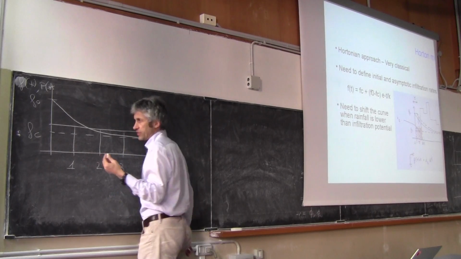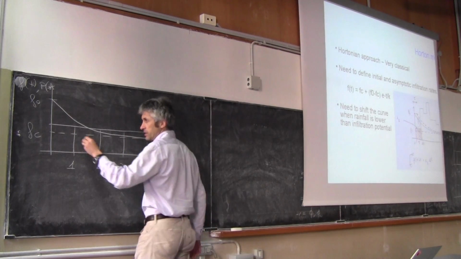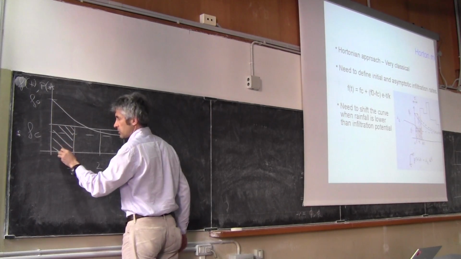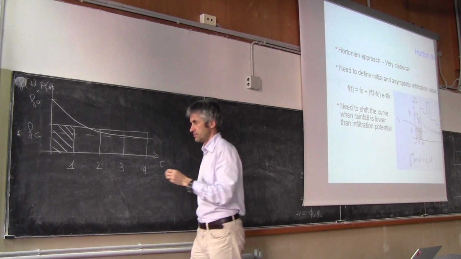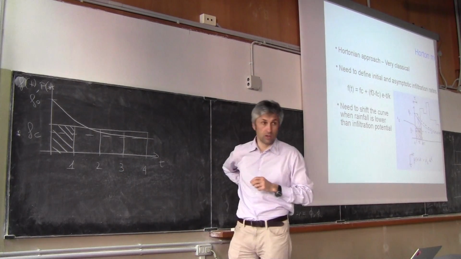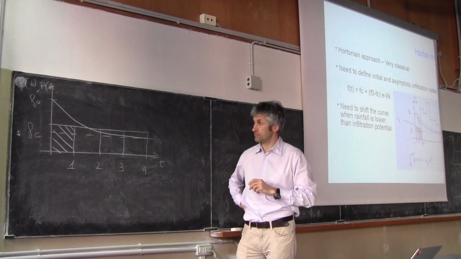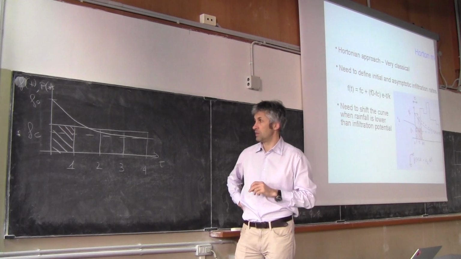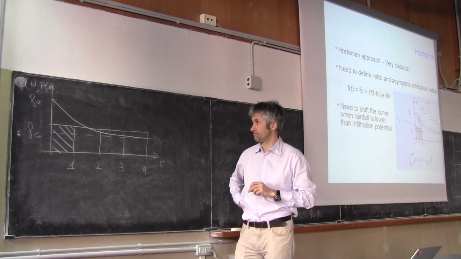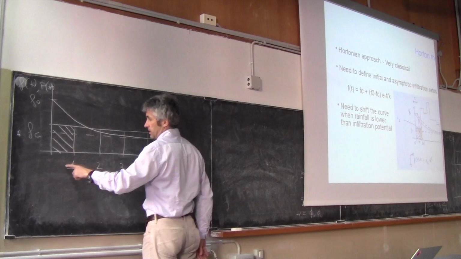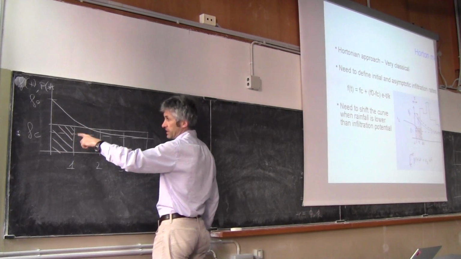Of course, you have an infiltration which is given by this volume here, because rainfall is always lower than the infiltration curve. Fine. And therefore you have an infiltration that is given again by this volume.